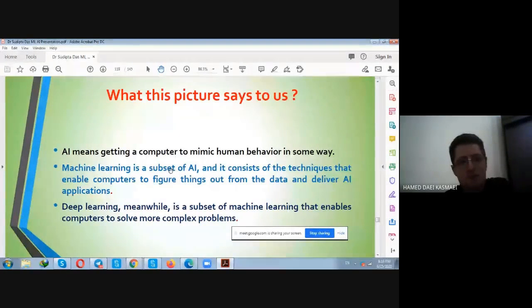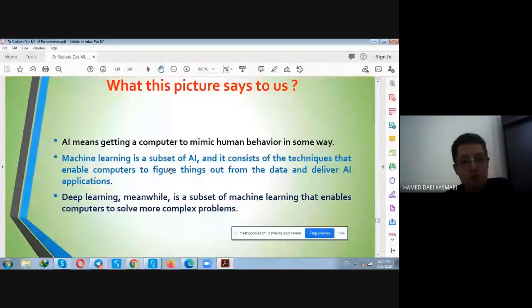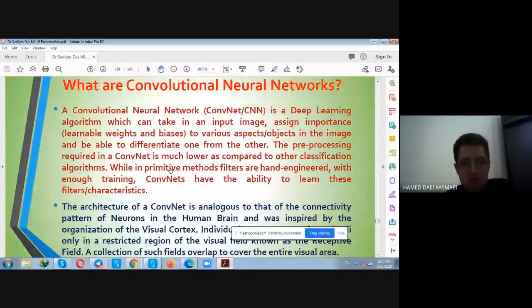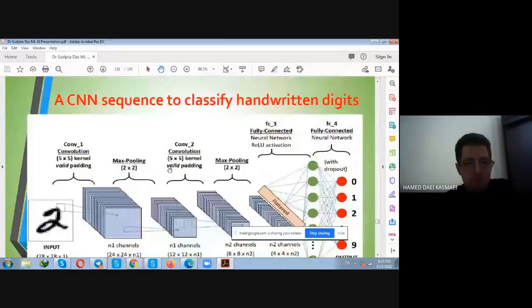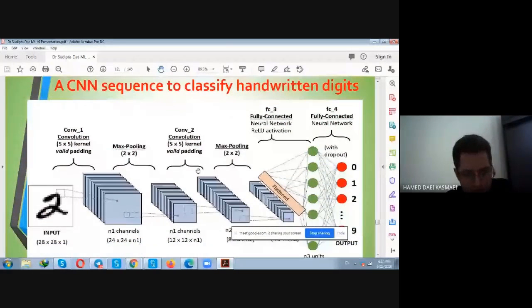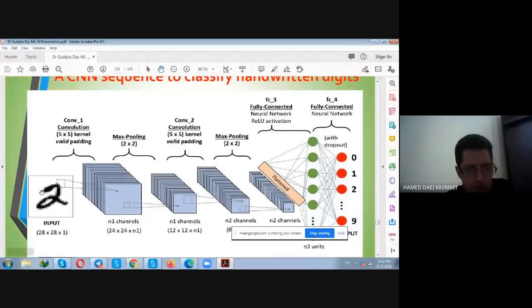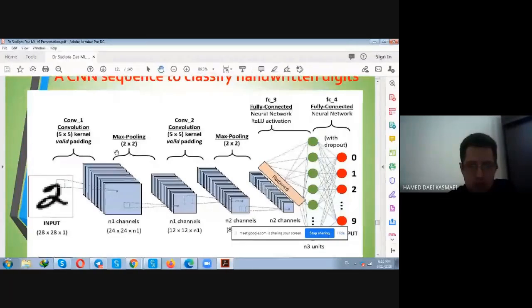Okay. And what are convolutional neural networks? Convolutional neural networks look like this, you will see here. For example, about guessing the number is 2, but in the output it must be guessed, it is 0, 1, 2, 9, and this is the structure that you will define, and we have to finish it very soon.